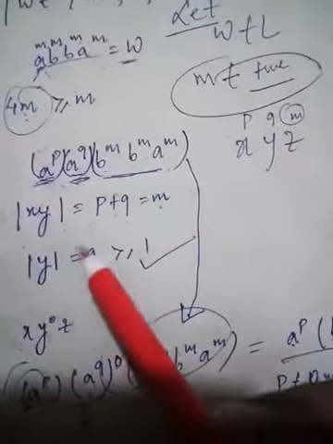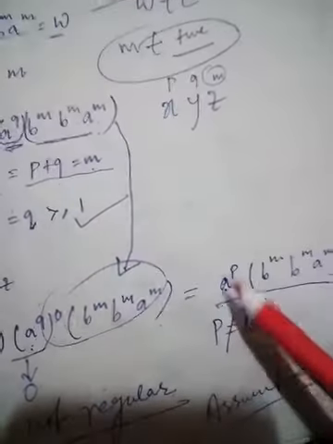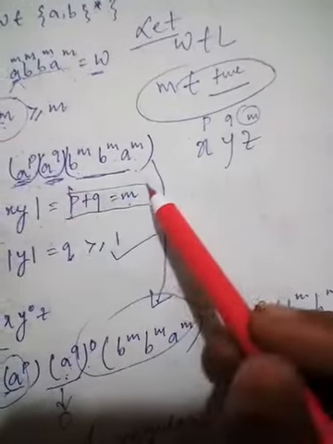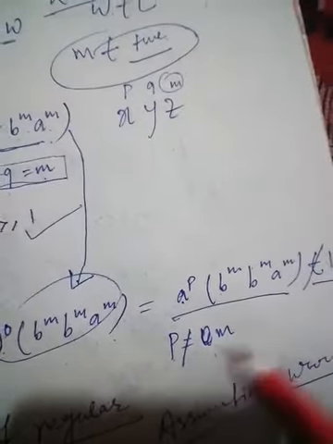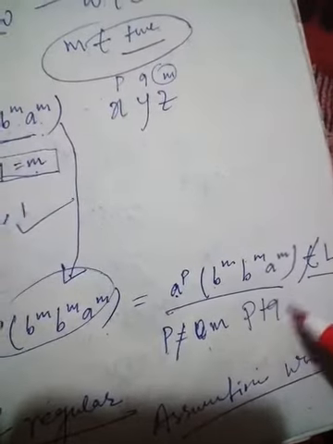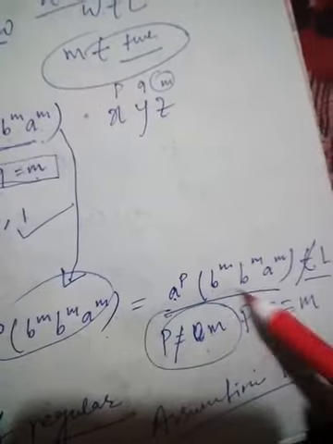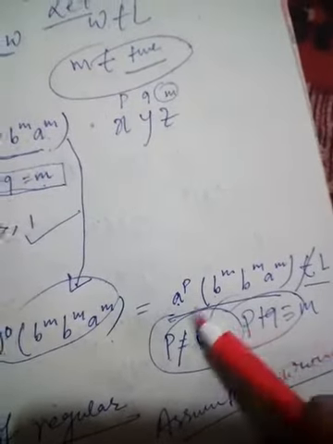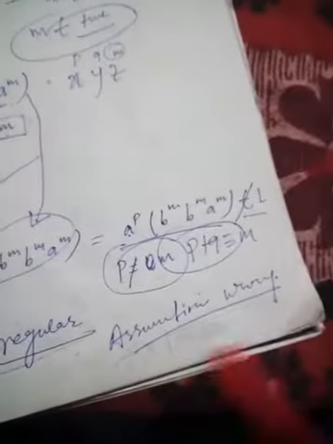As I said earlier, p plus q is equal to m, but what we have here is p equal to m, which is not equal to m. Why? Because p plus q is equal to m, not p equal to m. So we are contradicting our assumption. The result is that it is not a regular language, so our assumption was wrong.